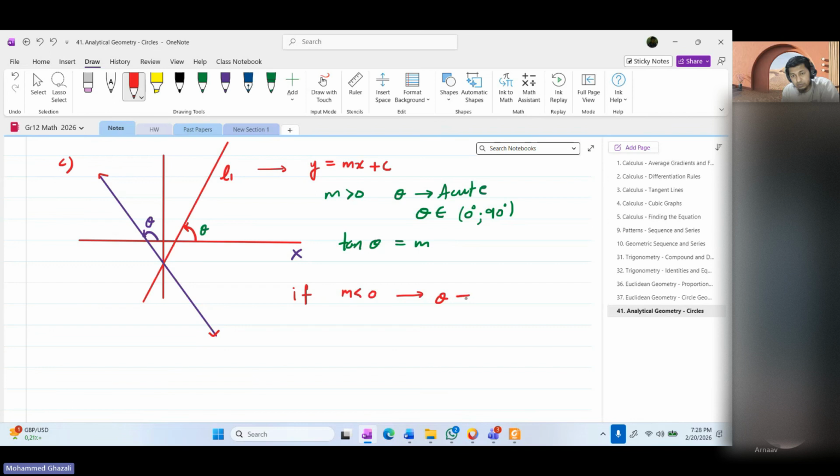Theta will always be obtuse, right? And if theta is obtuse, it means it is between 90 and 180 degrees. And we still use the same formula: tan theta is equal to m.